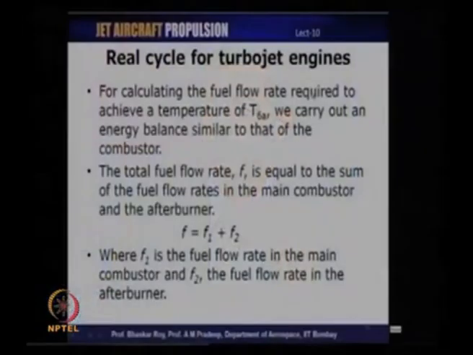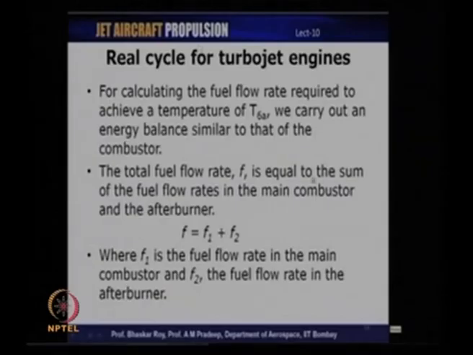And so, in an afterburning turbojet cycle, we basically need to calculate the fuel to air ratio. We need to achieve a temperature denoted by T06A, and for that we have to carry out an energy balance similar to that of the main combustor. So, let us say the new total fuel flow rate is F. This would comprise two different fuel flow rates.